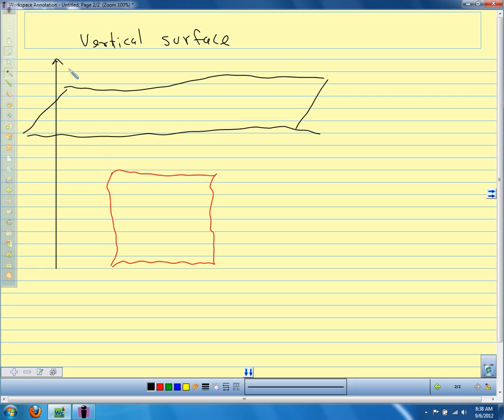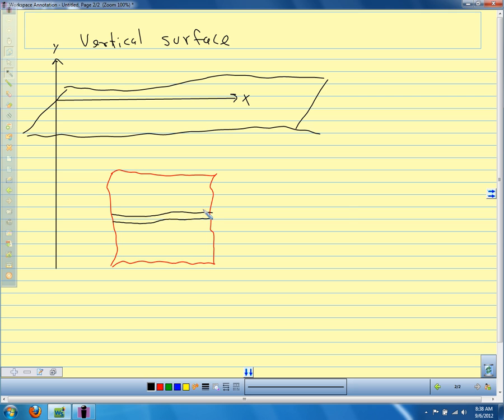And we're going to come up with a way of expressing the force on this vertical surface. And here's my x-axis at the surface. I'm going to put my x-axis at the surface of the liquid. And what we're going to do is divide the surface into thin, horizontal, rectangular strips.